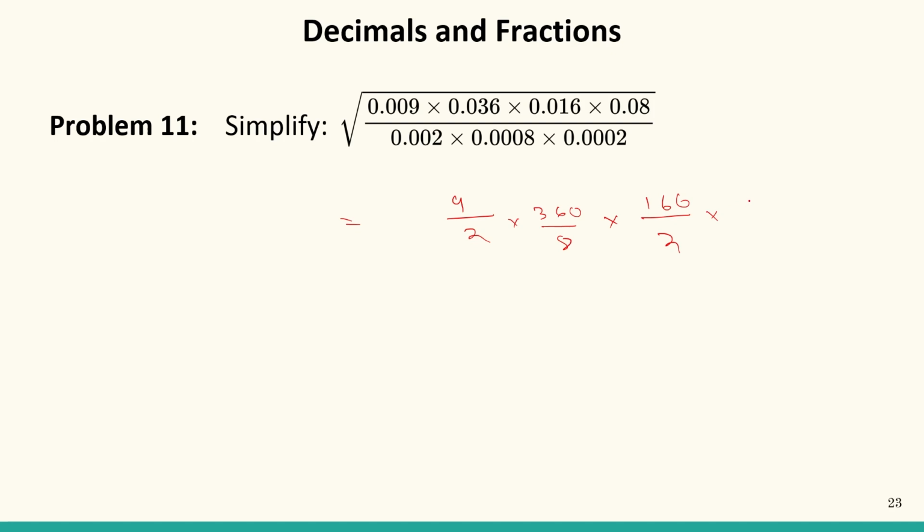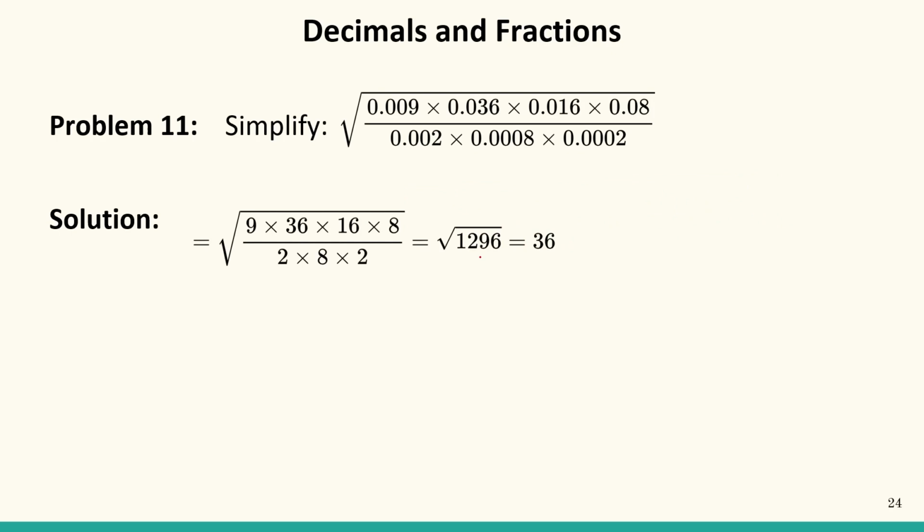Into 0.8, so 8 by 100 whole square. So this is nothing but 1296. So this becomes 9 into 36 into 16 into 8, 2 into 8 into 2. This is approximately equal to 32.